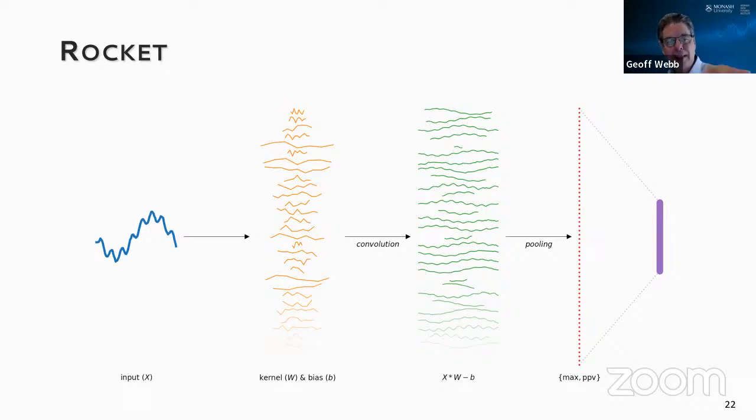We convolve each of those kernels with the input, getting 10,000 by default convolutional outputs. And then we apply two pooling operators, resulting in 20,000 numeric values, which are then provided as the input to a linear classifier.